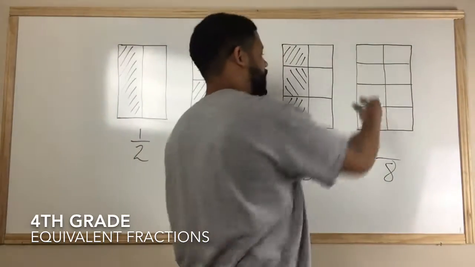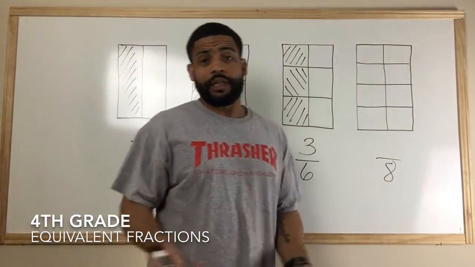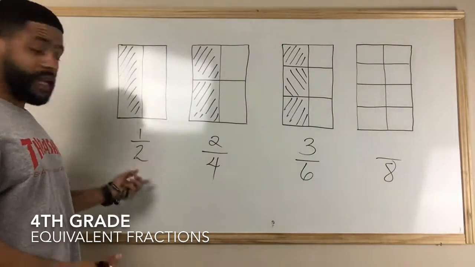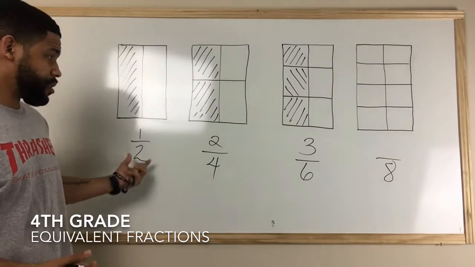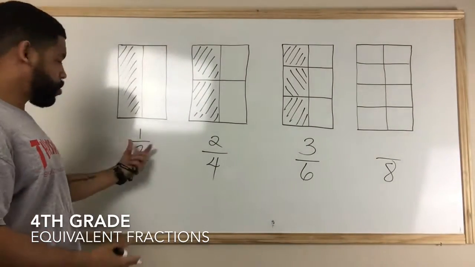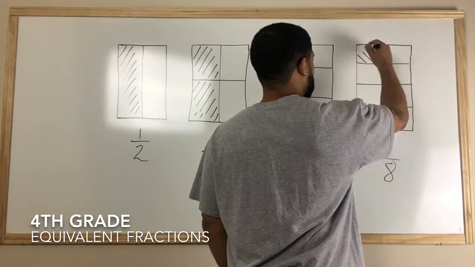So now I have 8 total pieces, and so my denominator is going to be 8. So how many of those do I need to shade in order for it to be equivalent to 3/6, 2/4, and 1/2? We know 1/2 is the one that we started with. So how many eighths does it take to be equivalent to 1/2? Well, I think you guessed right.